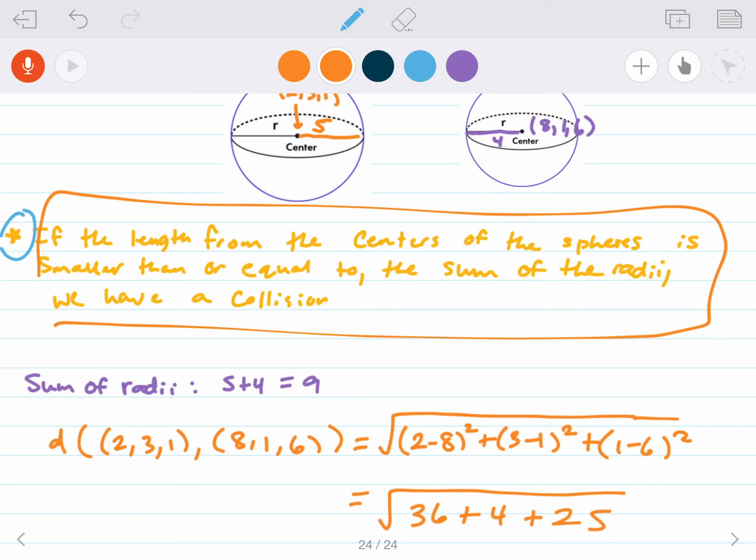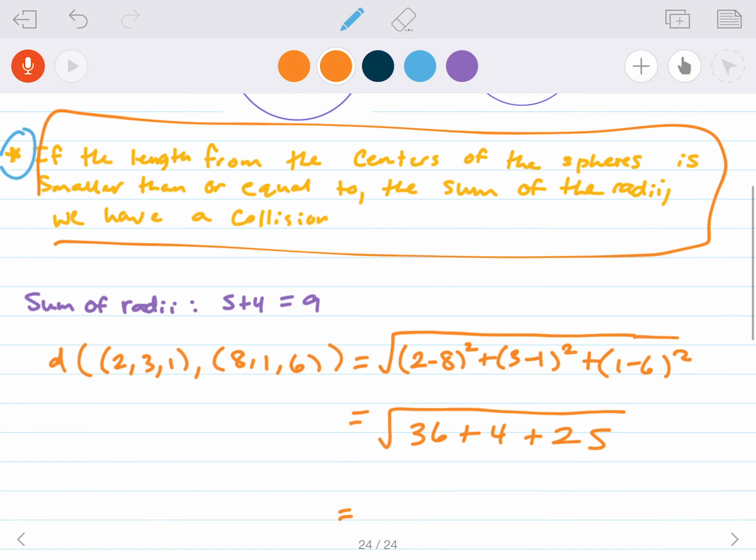All right, so putting this in our calculator, we have 36 plus 4 plus 25, and that's going to give us the square root of 65. Now, if I put the square root of 65 in the calculator, I'm going to get 8.06.